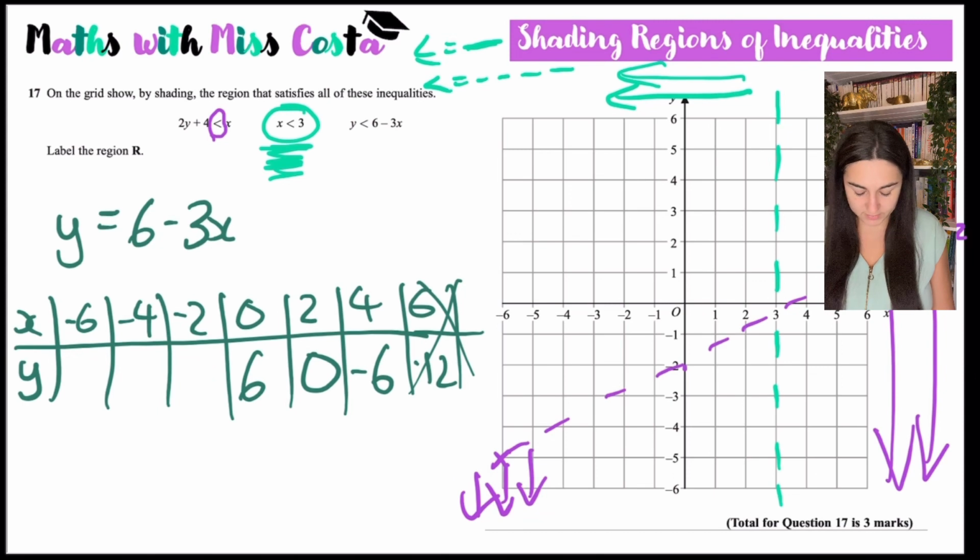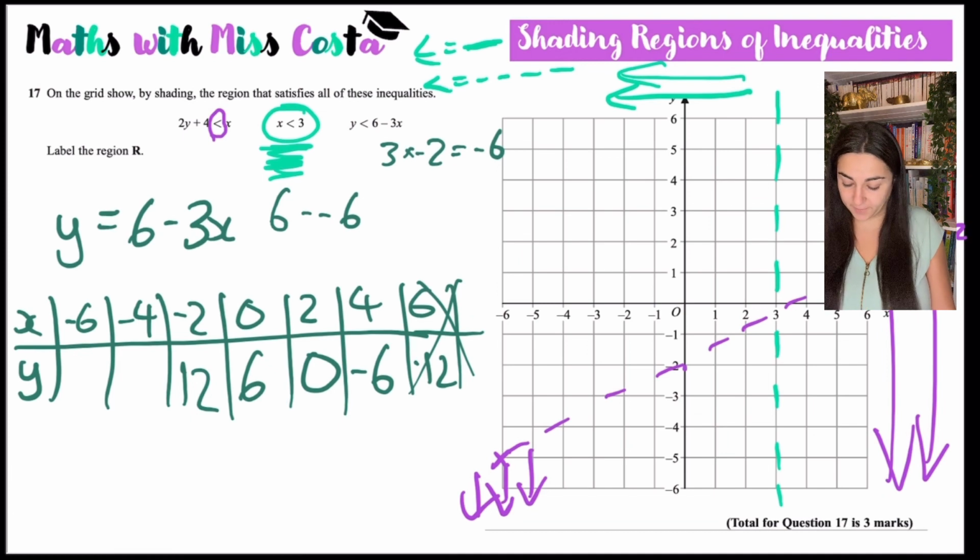And then we've got the negatives. So we've got 6 take 3 times -2. So 3 times -2 is -6. So we'd have 6 take away -6, which is 12. Now, obviously, you can see that that's going to go above the graph, so there's no point in doing the rest. Okay, so they're going to be off the graph.